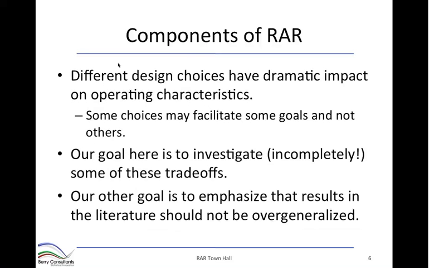The different design choices that you make can have a dramatic impact on the operating characteristics. And some of the choices fulfill some of the goals and not others. So you can find situations where if you do RAR one way, you may treat patients in the trial incredibly well, but you have a very hard time treating an external population. You may lose power.